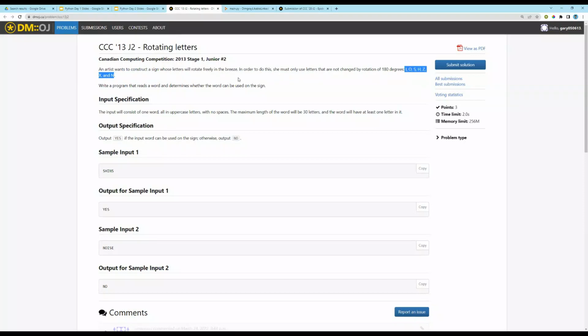Read a word and determine whether it can be used on a sign. Output yes if the input word can be used on a sign, otherwise output no. So all you have to do is check if the entire word is a combination of these letters. If it's not, for example, in this case E is not flippable, that means we output no. We output yes or no.